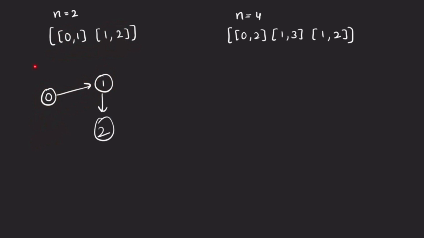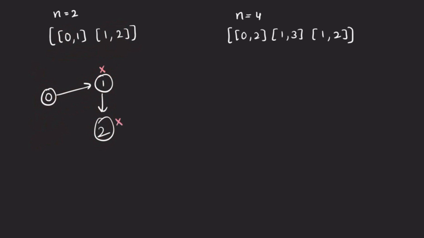Right? So if you see here in this graph, from node 0 there is an edge starting and going towards node 1, meaning node 1 is weaker than node 0. So this particular node cannot be our answer, right? Because it is weaker. Then for node 2, there is a directed edge starting from 1 and going towards 2, which means 2 is weaker than 1.